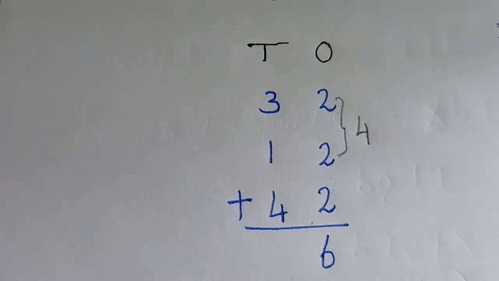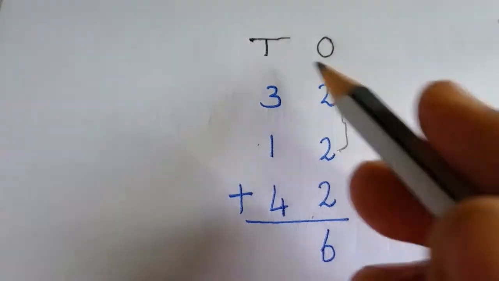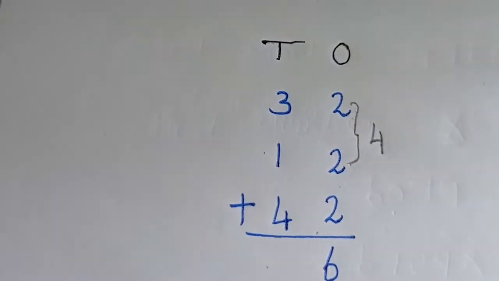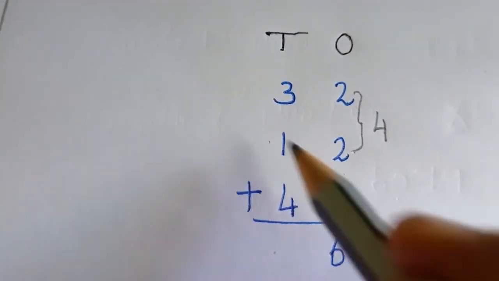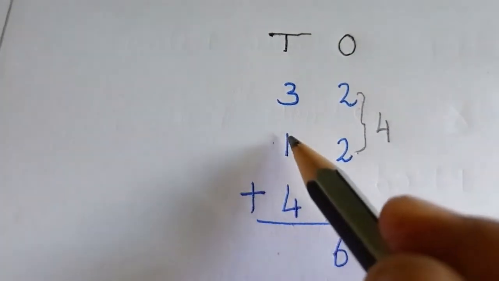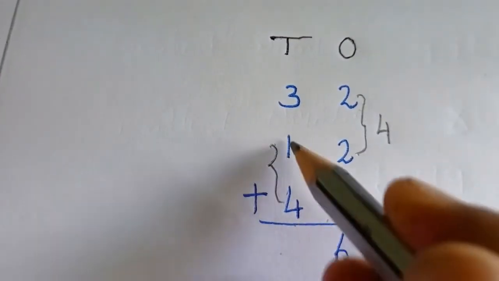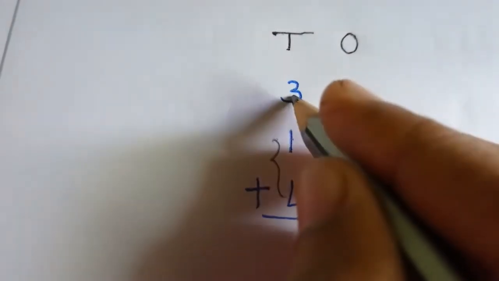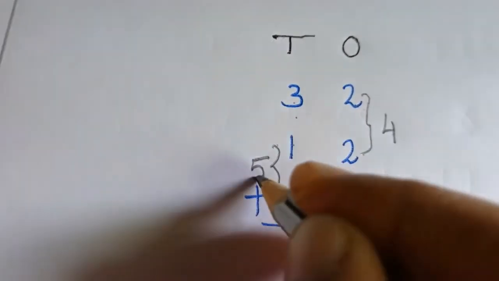So here 1, 3 and 4. Which is the bigger number? 4 is the bigger number. So keep 4 in mind, then take one finger, 4 after that 5. So we already added these two numbers. One number remains, so we want to add this number also. We already found 4 plus 1 is 5.